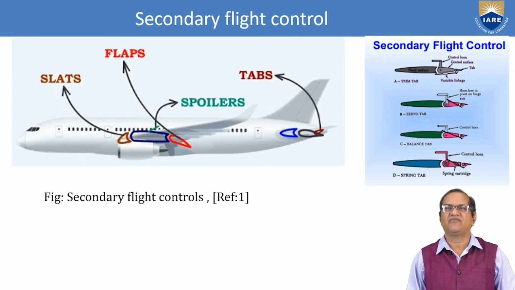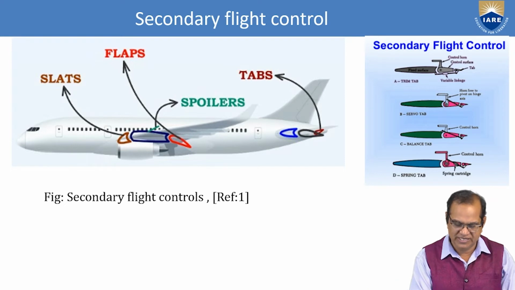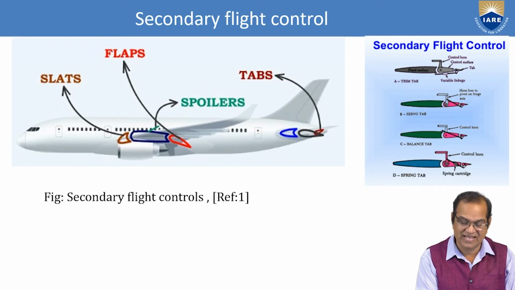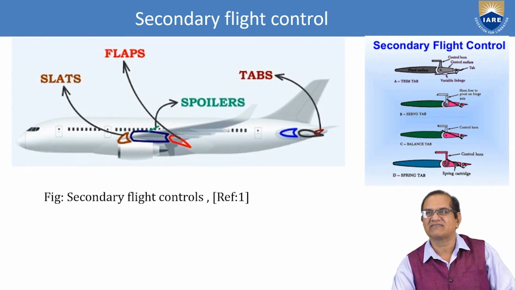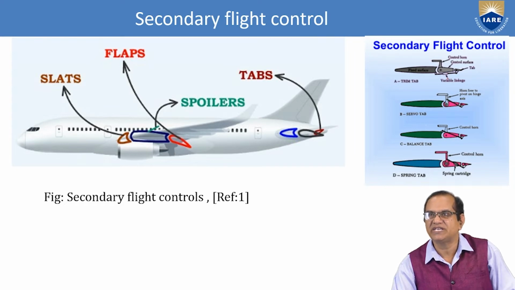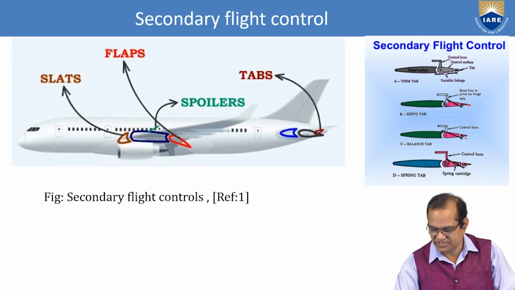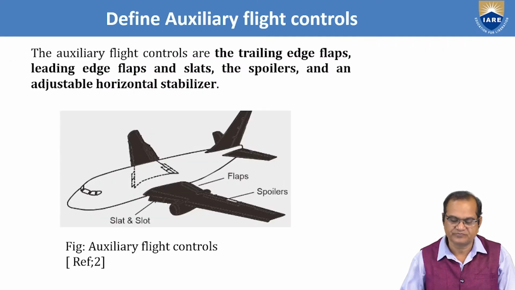So here secondary flight controls are shown. These are the flaps, which are at the trailing edge, and the slats are at the leading edge. Spoilers are at the center, and you can see how these things are operated. The flaps can be operated by different spring tabs and trim tabs.